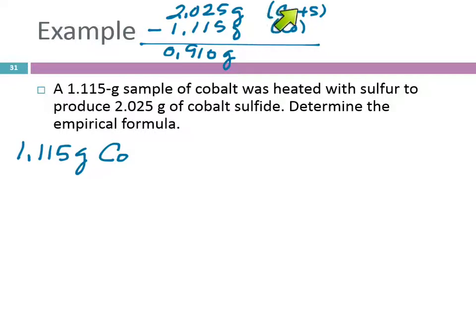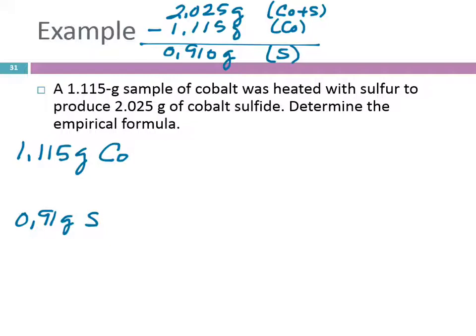See here I've got cobalt plus sulfur minus the cobalt. This is just the sulfur. So I've got 0.910 grams of sulfur. That's step 1.